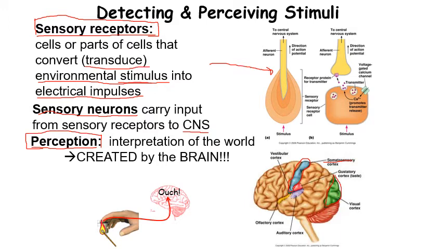Okay, so if you have a lapse or a breakdown in either the receptor, the sensory neurons that bring it up, or, in this case, say the visual region, you won't be able to perceive, or you'll have a dysfunction in perceiving, the different stimuli or different changes taking place.